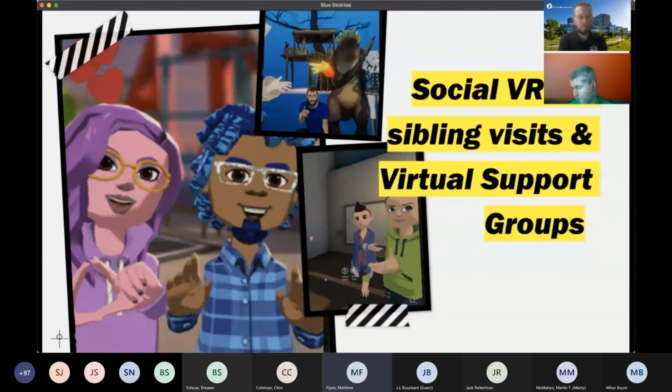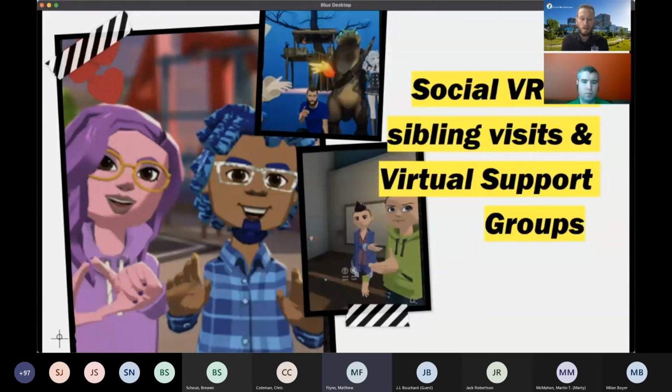The other way we use these social VR applications is for virtual support groups. We've been able to facilitate a handful of VR support groups for patients with similar diagnoses, such as cystic fibrosis or new oncology diagnoses.